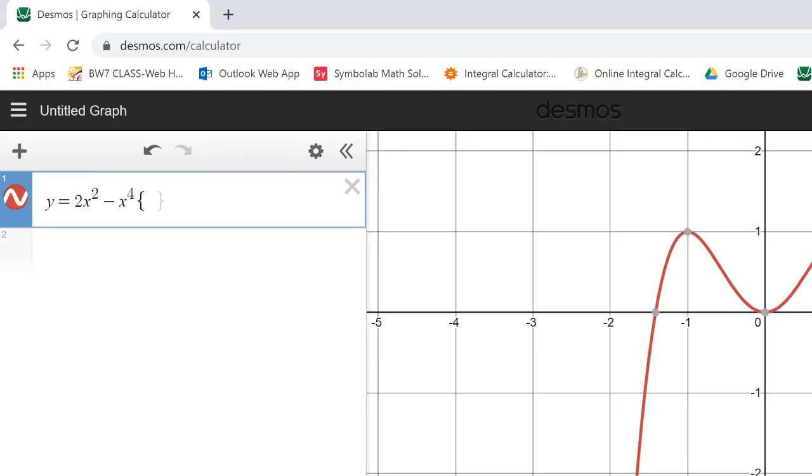So we can go between 0 and 1, and again, that works out as well. That's one-to-one, and we can simply make x greater than 1. And that also checks out.